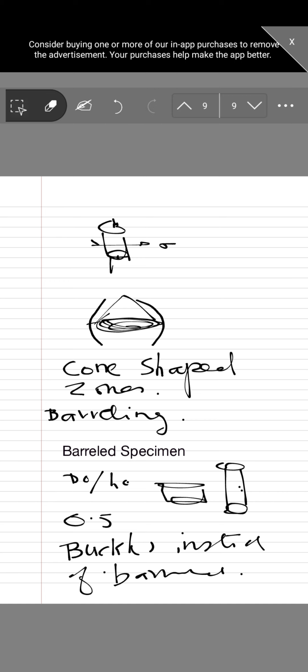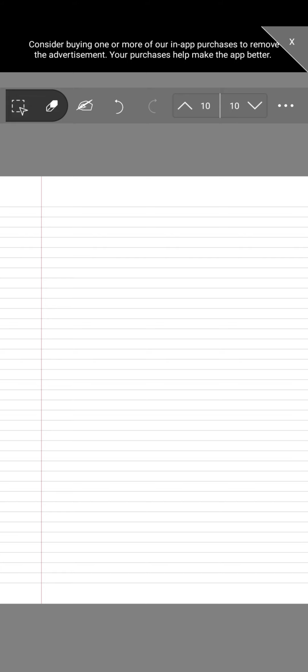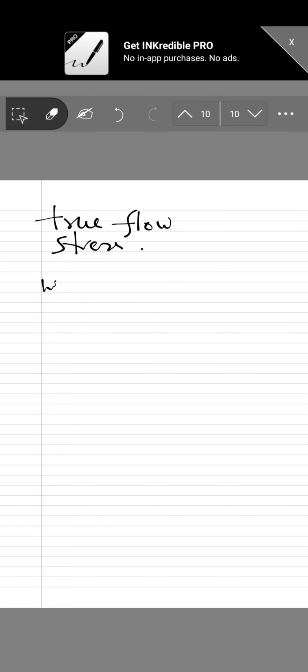Now, the true flow stress, that means the stress required to cause plastic deformation without friction, because if we take friction into consideration, that is a property external to the specimen, whereas true flow stress is more of an internal property of the specimen, so we need to consider it without friction.